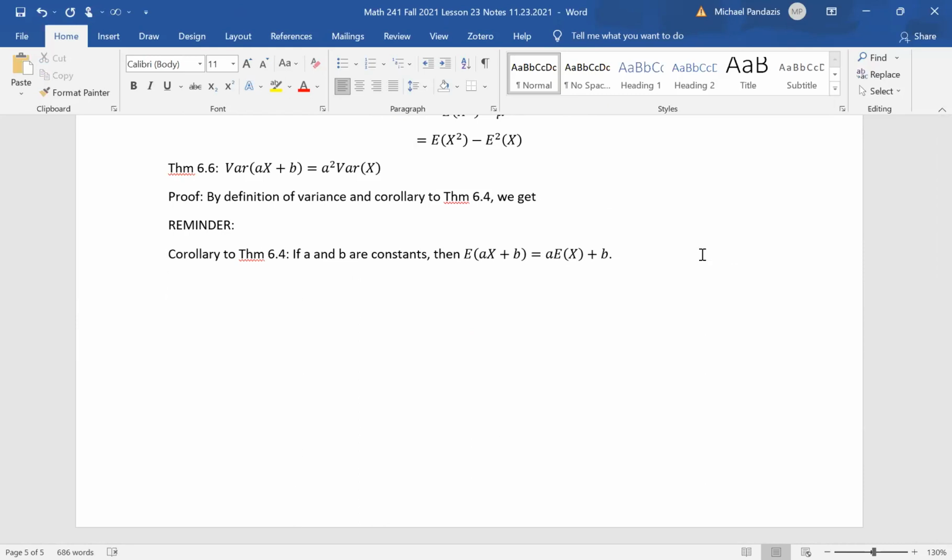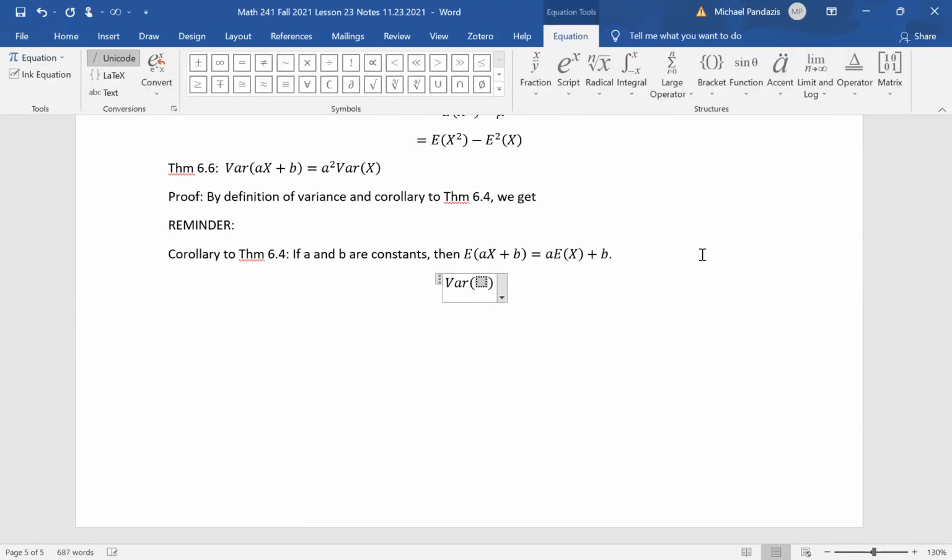With that, we get that the variance of AX plus B is equal to the expected value of... well, you have the random variable AX plus B, and the variance of that random variable is E of that minus the expected value of it, minus the expected value of it, squared.